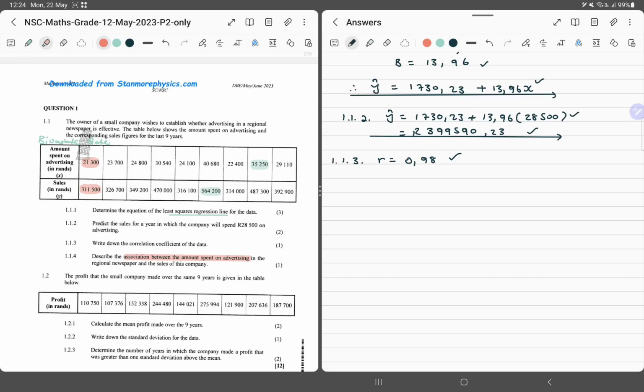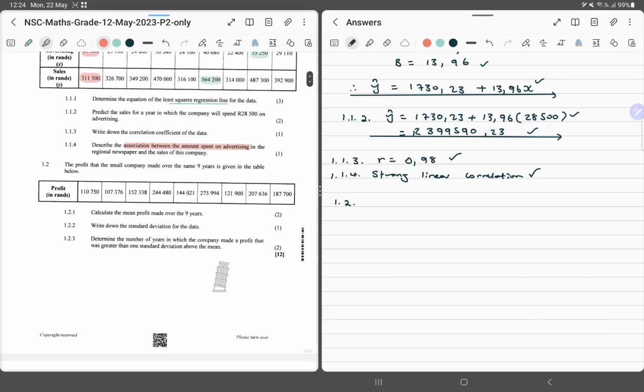We can already see from that correlation coefficient, since it's very close to 1, we simply say this is a strong linear correlation. That's it, because it just said describe, so that's all. You get a mark, and that's it for 1.1. So we get to 1.2.